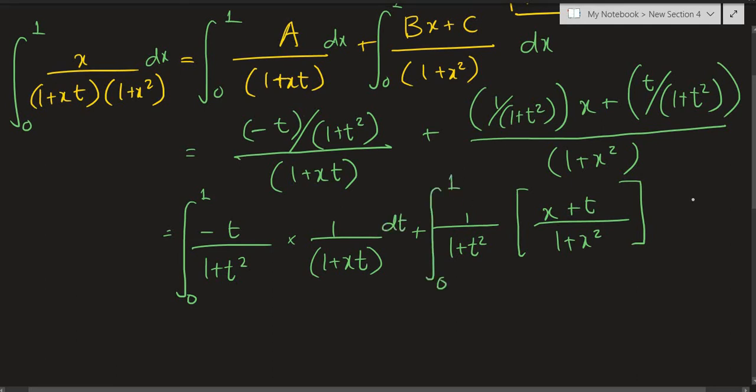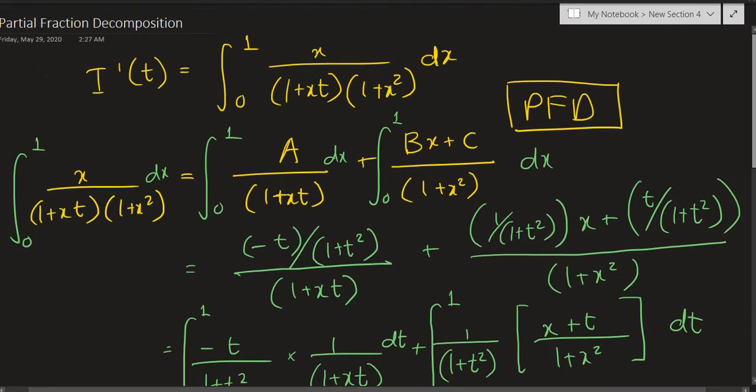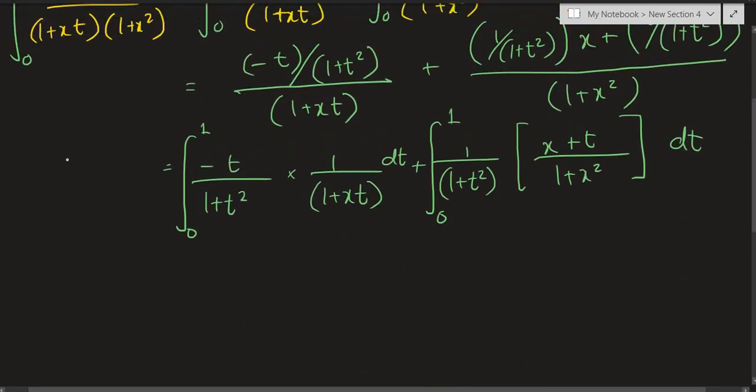Integral from 0 to 1, we have a dt here. We can bracket this if you want. Well, fair enough. This is basically our I prime of t term, right? So that's our I prime of t term.